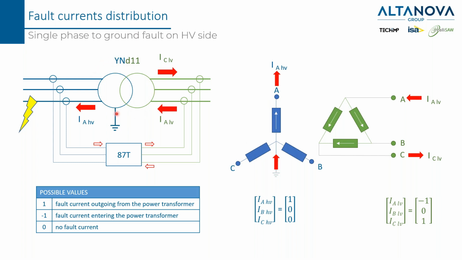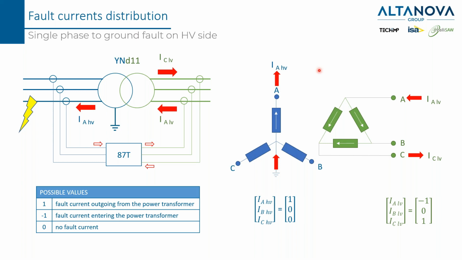But due to the vector group and how the windings are connected internally, there is current also in the secondary side. So the fault current is transformed by the transformer. So it's not possible to have zero current on this side.